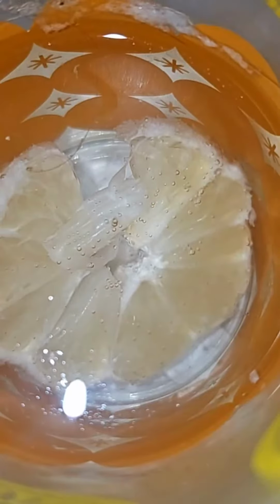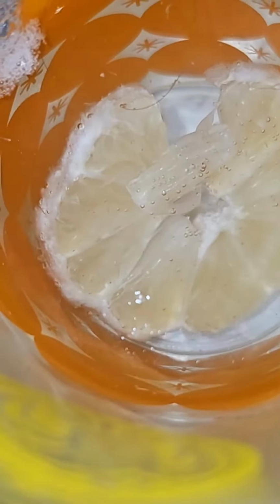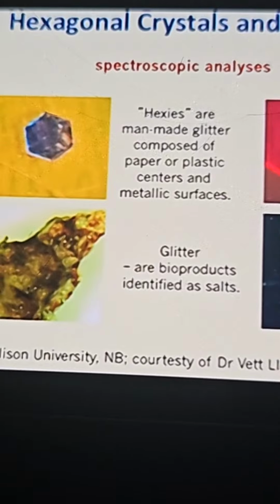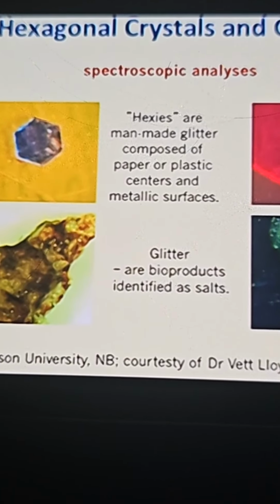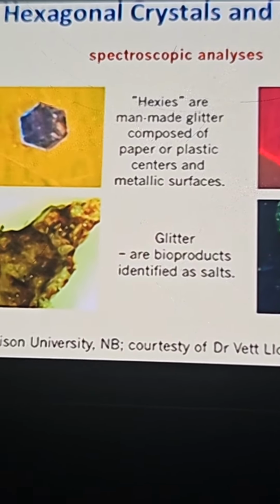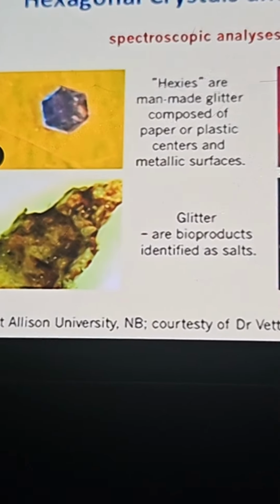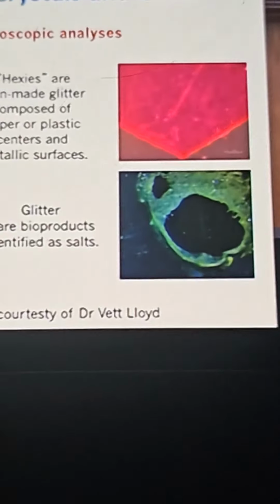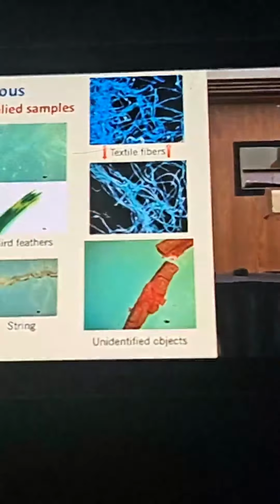These are some other objects I found in patient-supplied samples, and most of these are contaminants. So we have pollen, we have bird feathers, we've got a string, we've got vegetation, textile fibers, and then sometimes we get some unidentified object that we have no idea what it is, but we can't identify every single specimen.